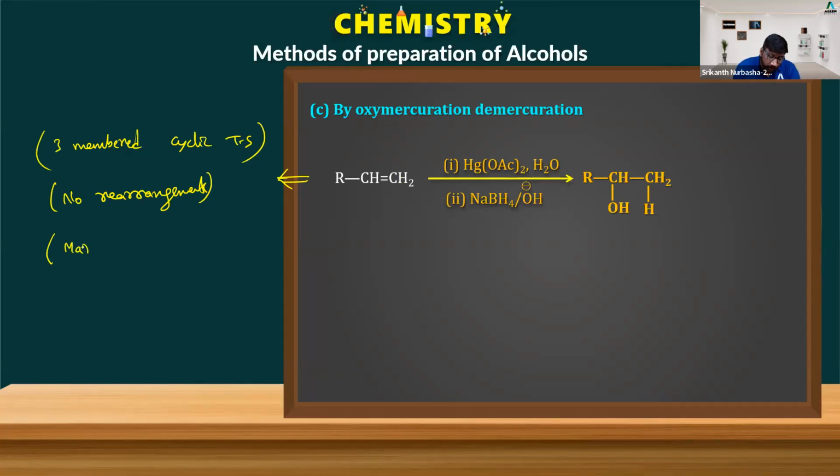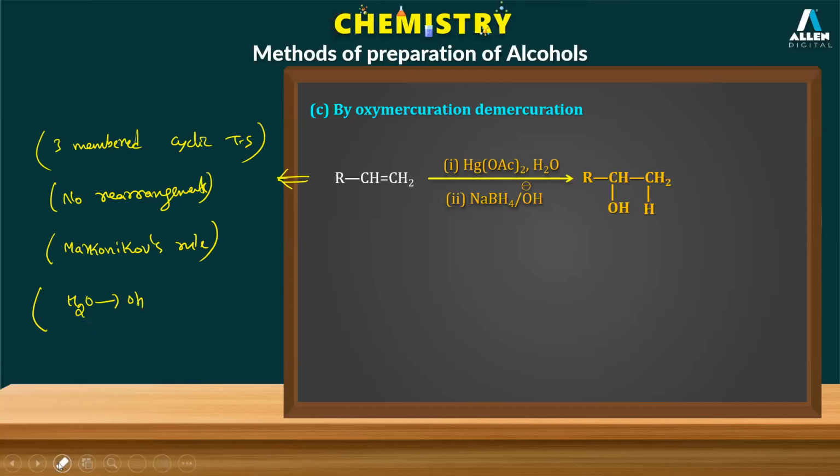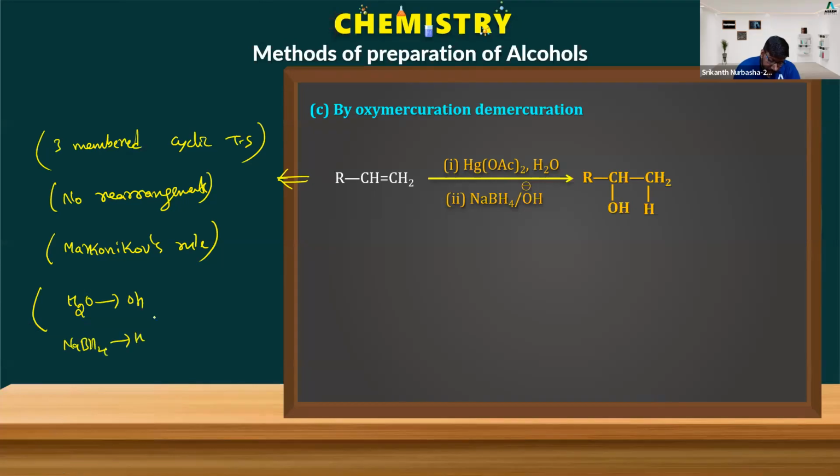Markovnikov's rule is followed here. And where does the hydrogen come from? H2O gives OH. Hydrogen is obtained from NaBH4.